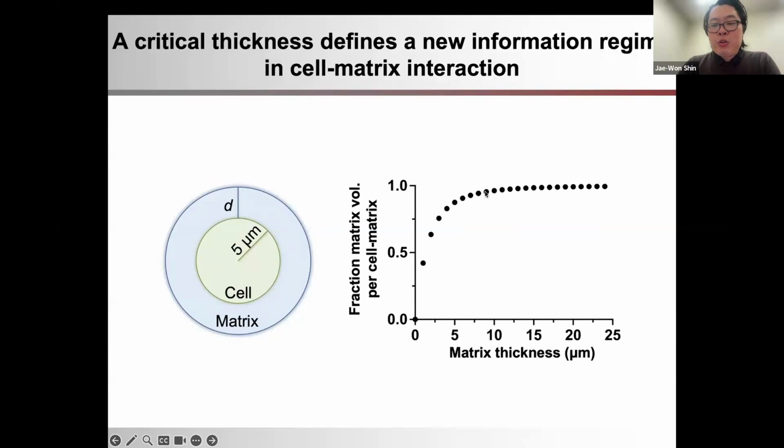But when you go below 10 microns, this is when you actually see the meaningful variation in terms of the cell versus matrix ratio.